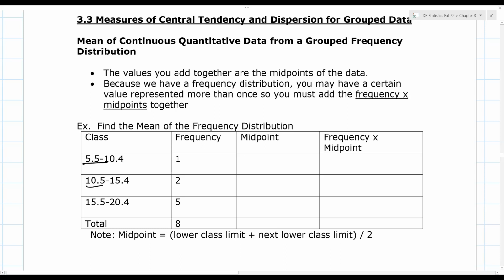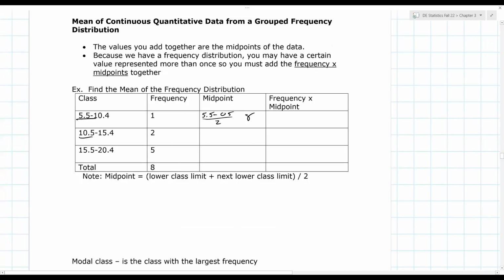So 5.5 plus 10.5, divide that by 2, and we get our answer is 8. And so our first one is 8. We do that again, we get 13. Do that again, and we get 18.